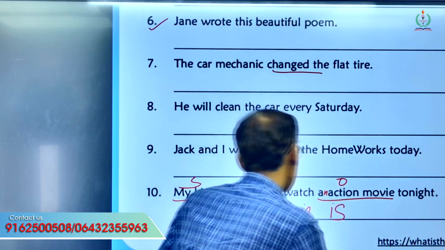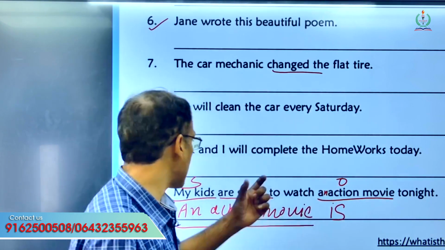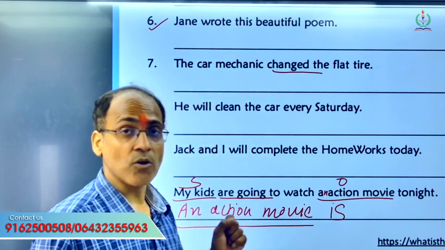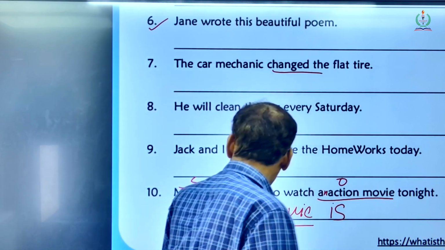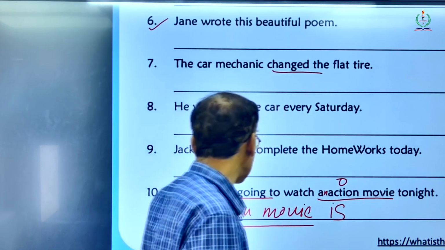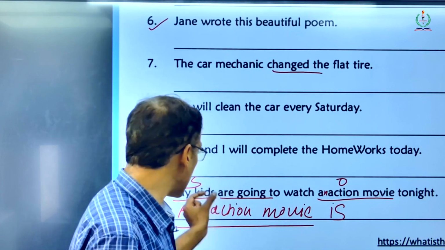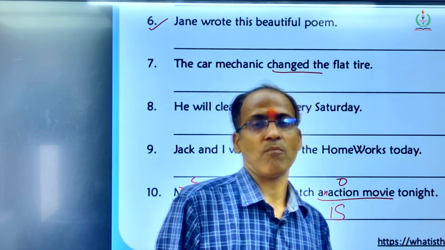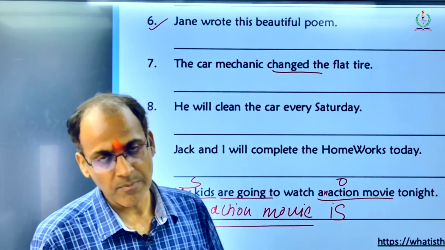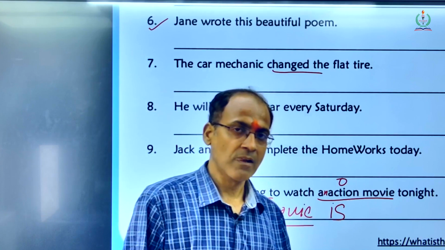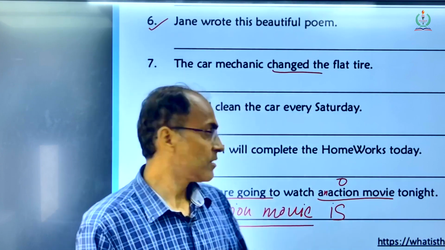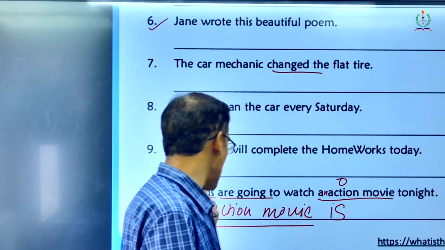Sometimes students by mistake use are over here, but no, because my kids is plural, so with this are the verb will also be plural, because the subject is in plural form. As per the subject verb agreement, verb has to agree with the number of the subject. So since the subject is in plural form, verb will be plural.